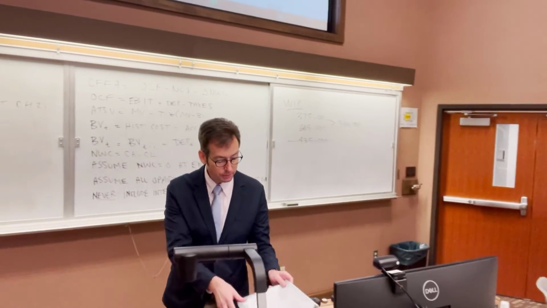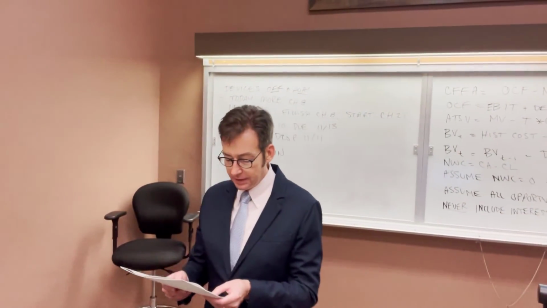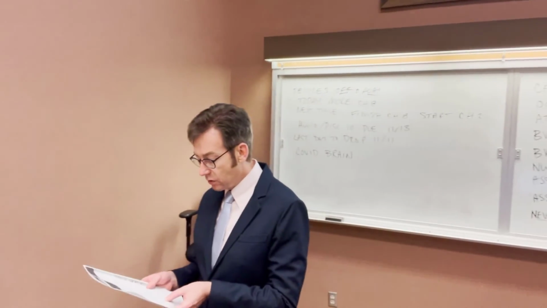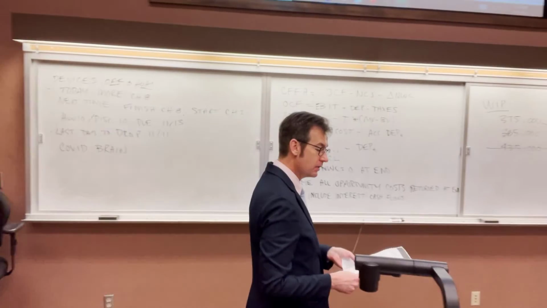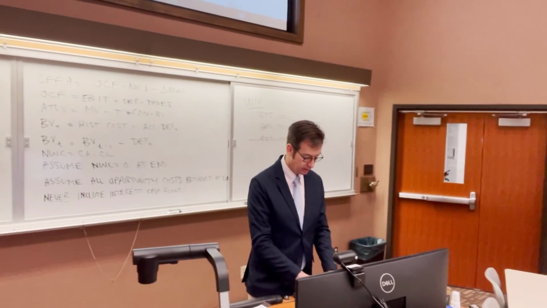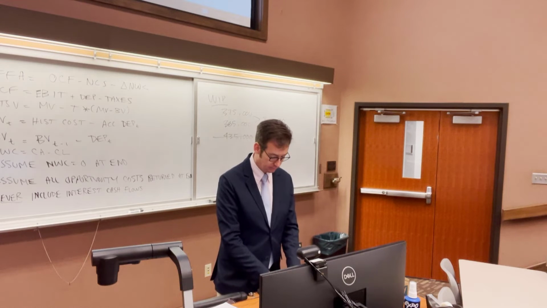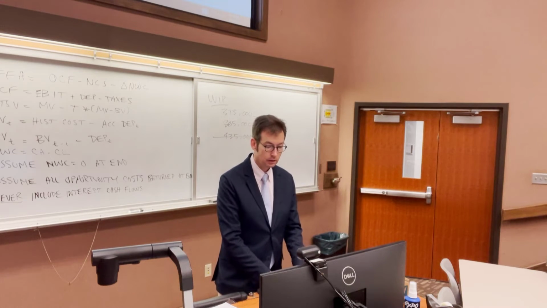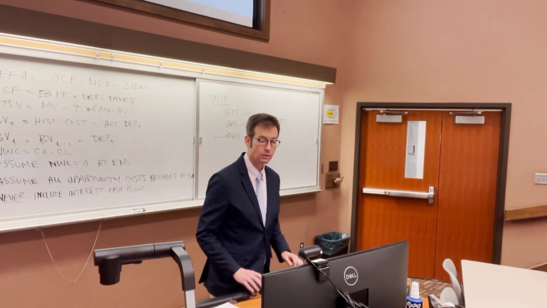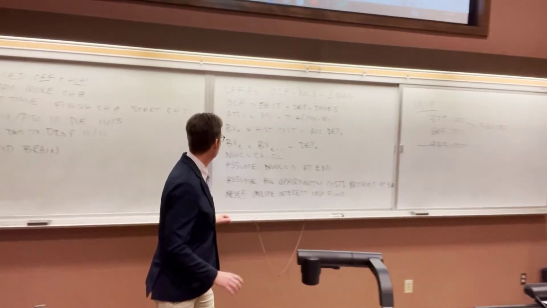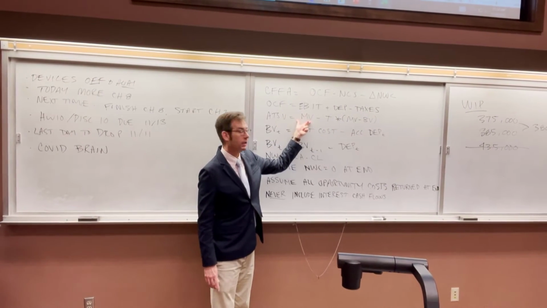Okay, so we know the bowling ball machine is going to be $100,000. And then he says the estimated market value of the machine at the end of 5 years is $30,000. Now, for those of you who are already thinking ahead, that $30,000 is the market value.